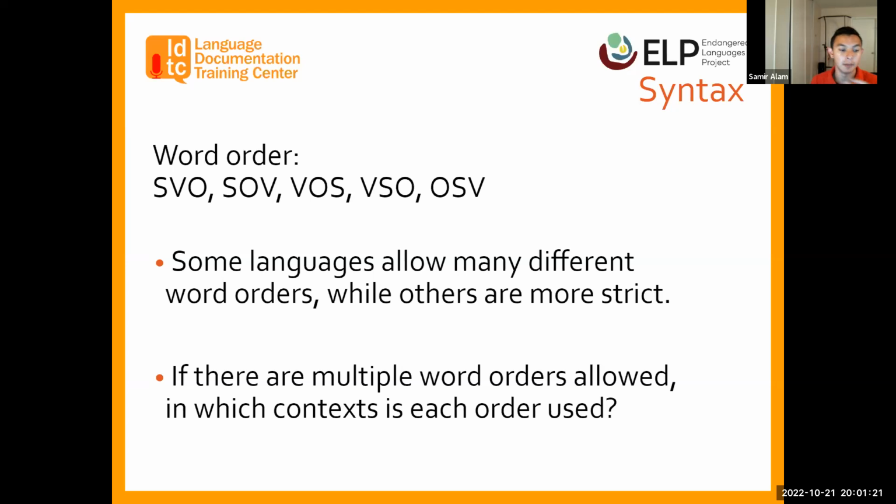Languages differ in how we combine a subject, verb, and object. They're also going to differ in how strict the word order is. In English, the most natural way to say the dog sees the cat is subject, verb, object. If I really want to put emphasis on the dog, I can put the object in front.